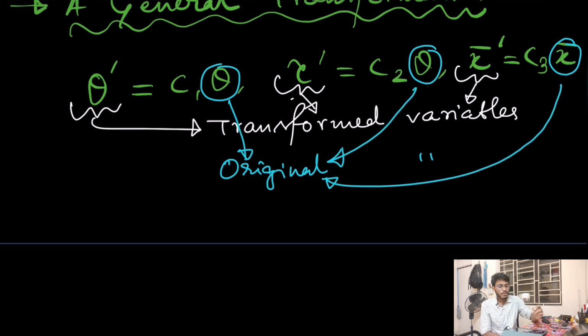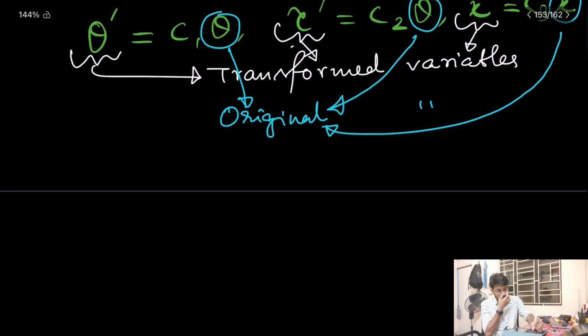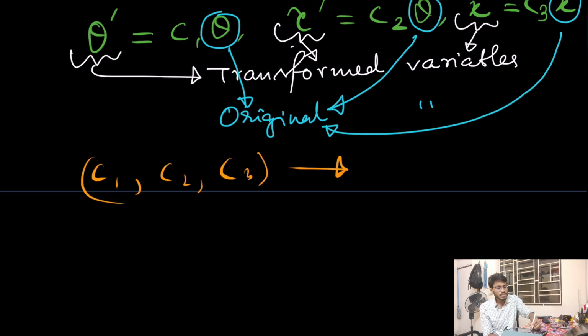Now I am asking: can there exist any triplet C1, C2, C3 such that theta dash equal to theta?